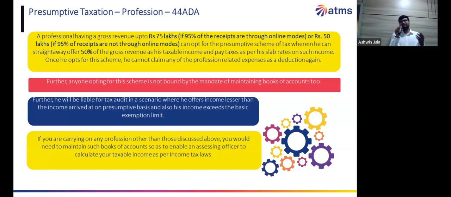We will see, say for example, CA, doctors, lawyers, advocates, engineers, company secretaries, IT professionals, actors, and all those things. Certainly, they can opt for 44ADA. There is an exhaustive list given in section 44AA of professionals. Only they can opt for 44ADA.